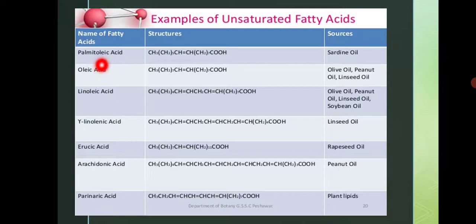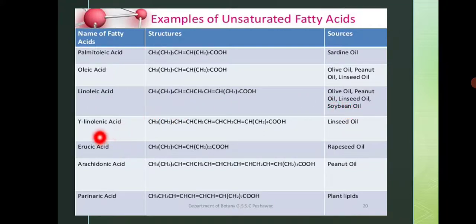Okay, palmitoleic acid, these are the structure and the source from which these fatty acids are obtained. So palmitoleic acid is obtained from sardine oil. Oleic acid is obtained from olive oil, hence the name is given like oleic acid. Then linoleic acid, which is obtained from olive oil.